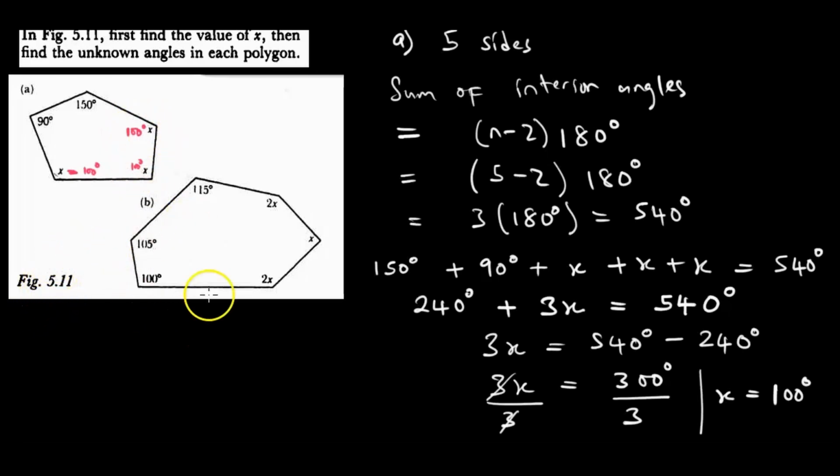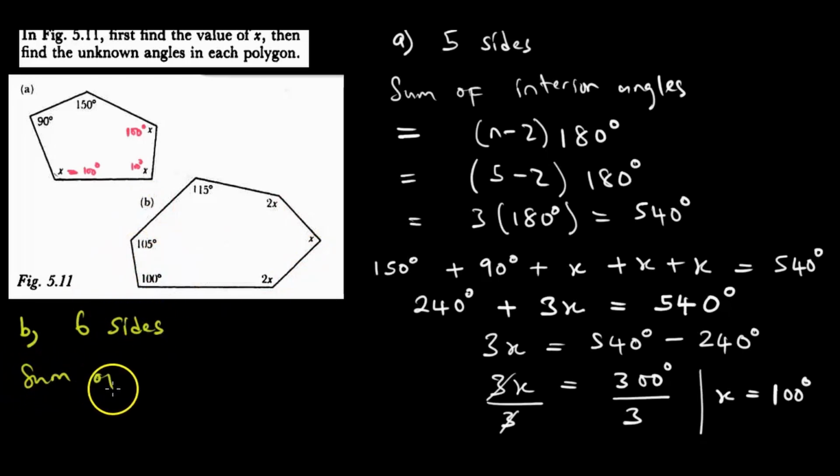Okay, so let us now deal with b. So b is the same process. And by the same process, what do I mean? We count the number of sides: 1, 2, 3, 4, 5, 6. So it has 6 sides.